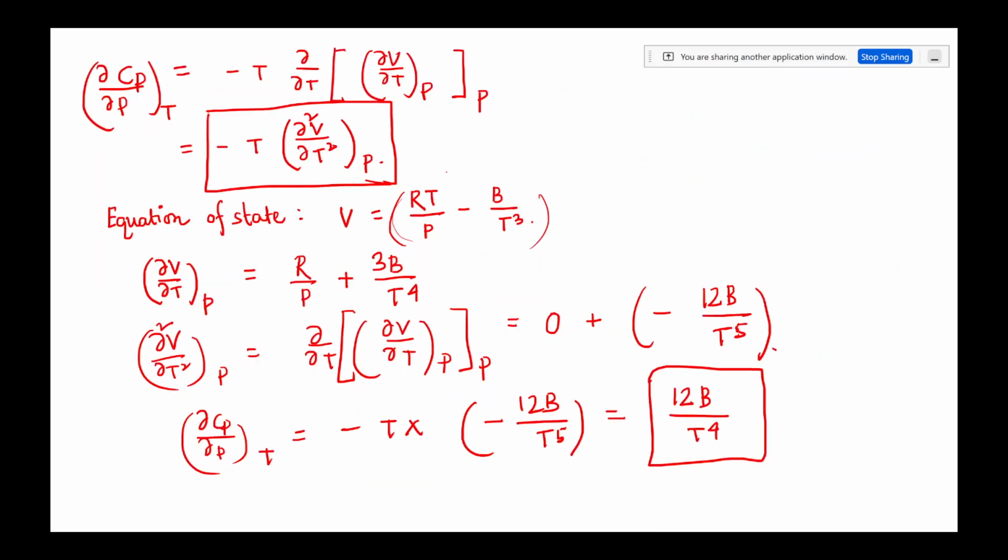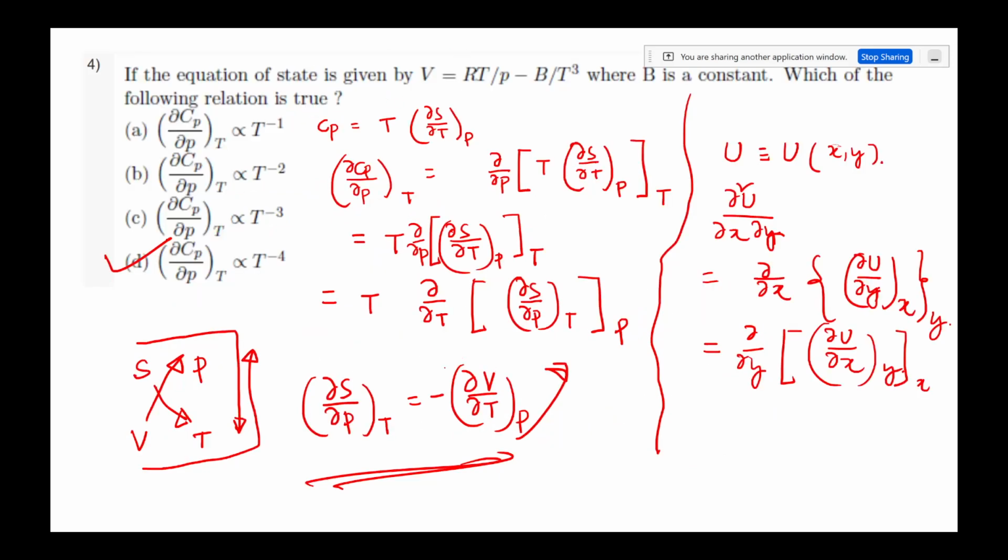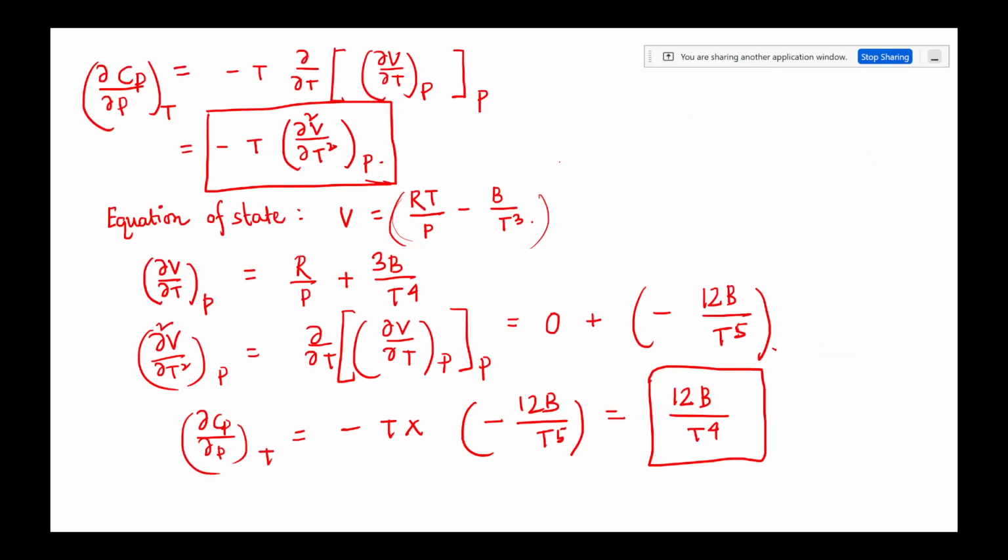Okay, let me write it using the Maxwell relation. So now we have substituted del S del P at constant T like this. Now it is del 2 V del T 2 at P, and so we got the equation of state that was given.